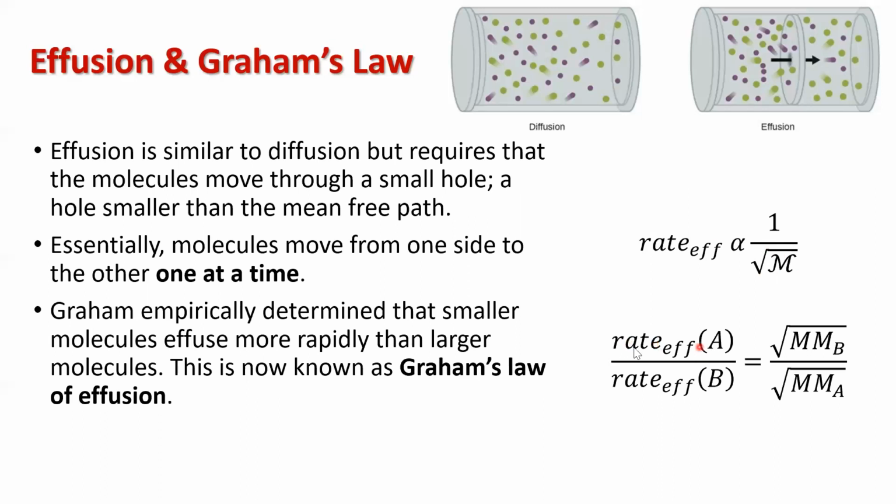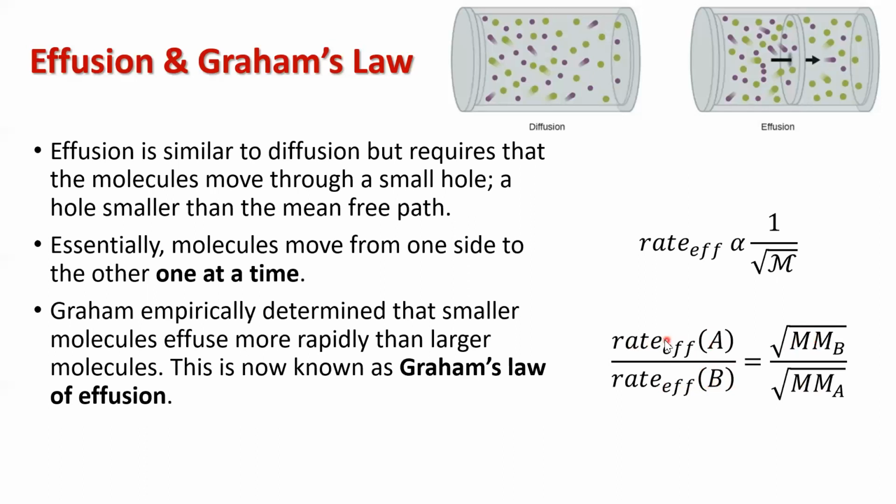So the relative rate of effusion of gas A is in the numerator on the left-hand side, but its molar mass is in the denominator on the right-hand side. They're inverse of each other. And when we look at B, the relative rate of effusion of B is in the denominator on the left-hand side, and the molar mass is in the numerator on the right-hand side.